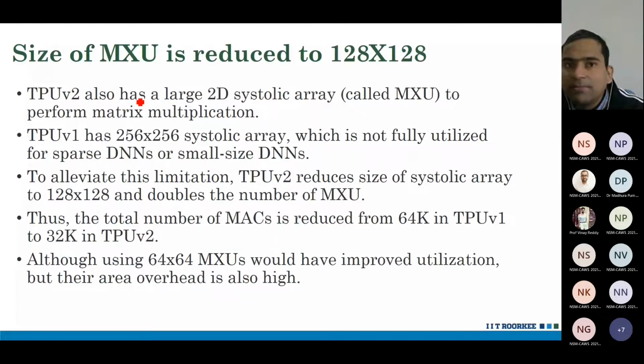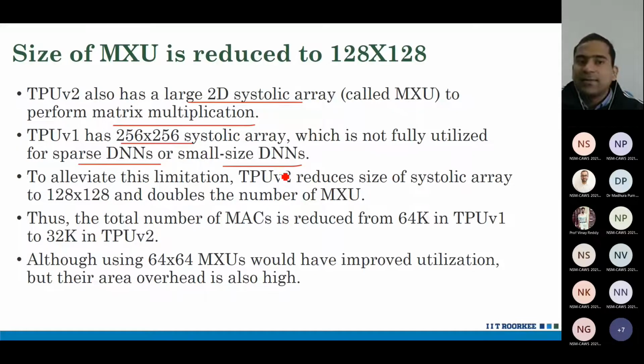TPU has a large 2D systolic array called MXU to perform matrix multiplication. Version 1 had a 256 cross 256 systolic array, which is not fully utilized for sparse DNNs or small size DNNs. To alleviate this limitation, TPU version 2 reduces the size of the systolic array to just 128 cross 128 and doubles the number of MXUs.